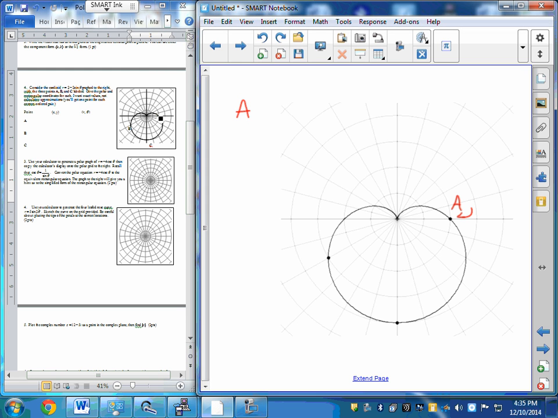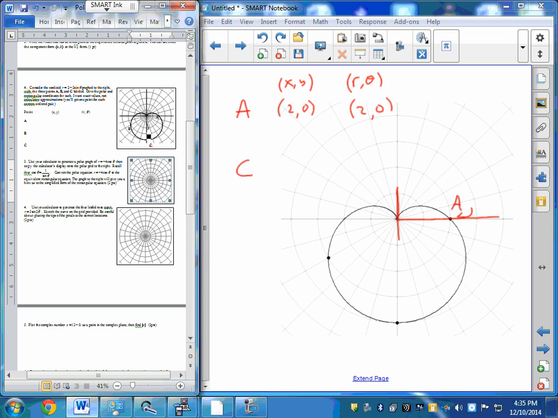So A in XY world would just be 2, 0. And in our theta world, the coordinates are exactly the same, 2, 0. Points on the polar axis and on the x-axis have the same ordered pair.